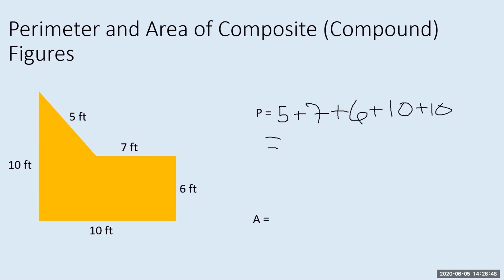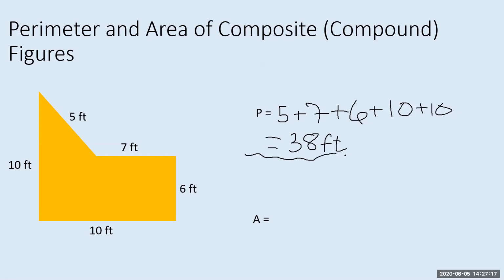And when I add those up, I get a total of 38 feet. All right, and that's my perimeter, all done. So now on to area.